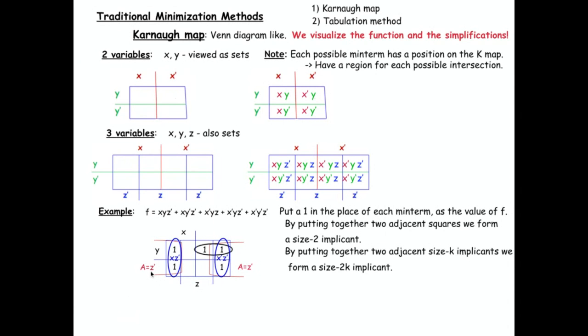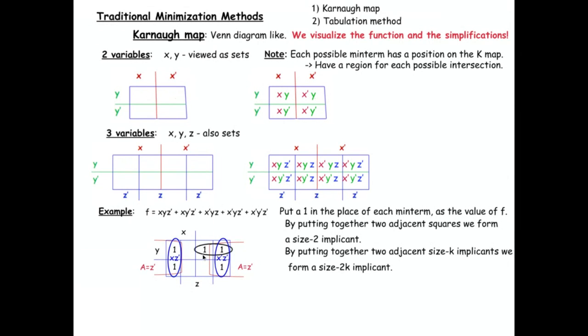So if we say that one of the implicants is A, and that is its shape, then we're absolutely asserting that every square inside A is 1. No question about it. So A by itself implies, or definitely says, that we have those 4 ones inside it.